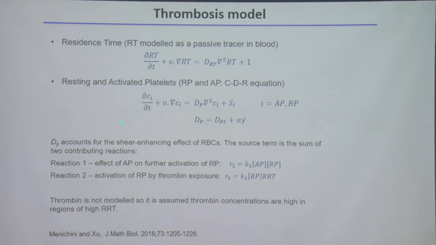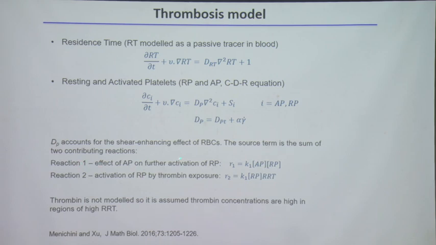And these are modeled using convection-diffusion-reaction equations. So here we recognize that you have the convective term, the diffusion term, and also a source term. The source term accounts for the relevant reactions. Here the source term considers two reactions in our model.